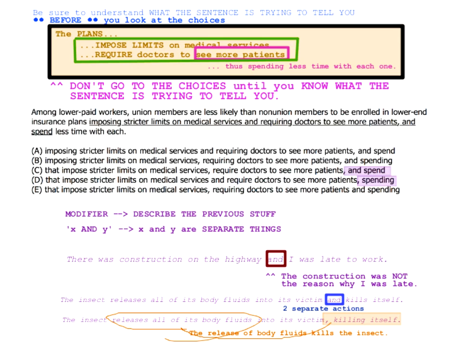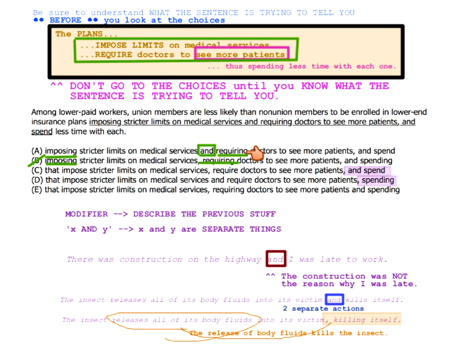Or imposing and requiring. So imposing and requiring, okay, that would work. Imposing, comma, requiring, that's not how you make a structure of 2 things.